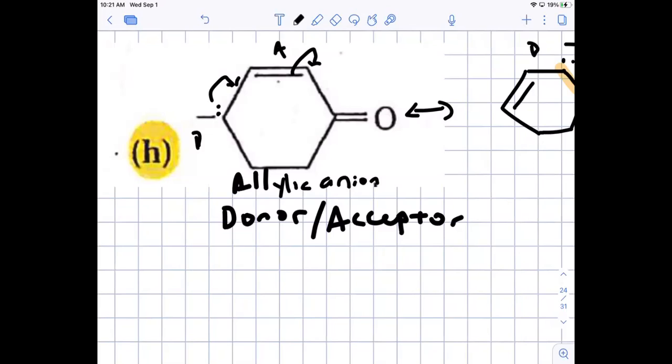You can add the donors and the acceptors up, and it'll give you an approximate number of structures that you should be able to get. So since I have one donor and 2 acceptors, then I should get 3 structures. And I did, right?